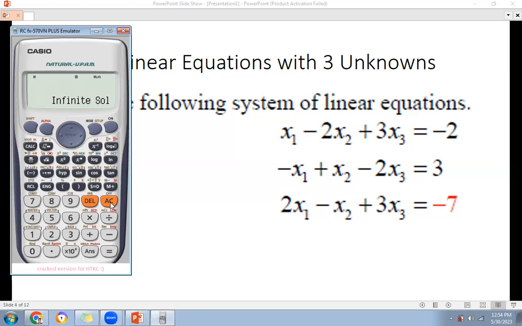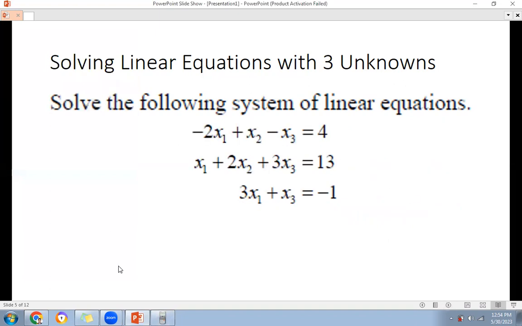So most likely all of their points coincide with one another, or they all intersected. So infinite solutions.